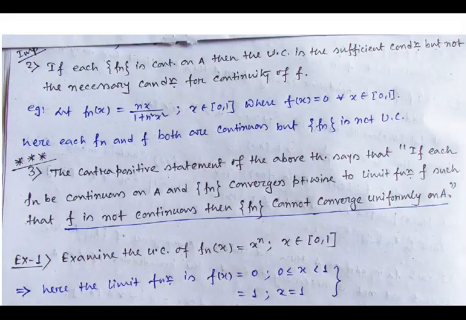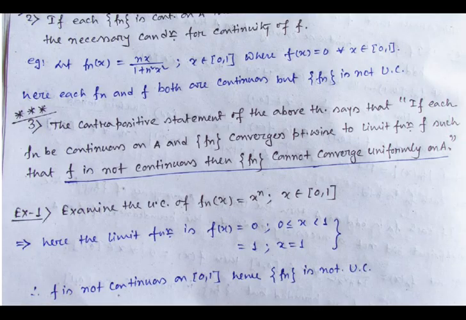Now let us go to note number 3, which is the most important note for this theorem. Since each term of the sequence of functions is continuous, if the sequence of functions converges uniformly to the limit function f, then the limit function f is also continuous. That is the statement we learned in the previous theorem.